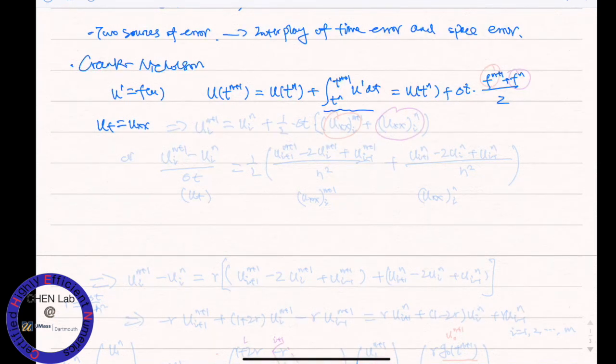So what we have is u_i^{n+1} is equal to u_i^n plus 1/2 delta t times the evaluation of u_xx at i, n+1 plus u_xx at i, n.